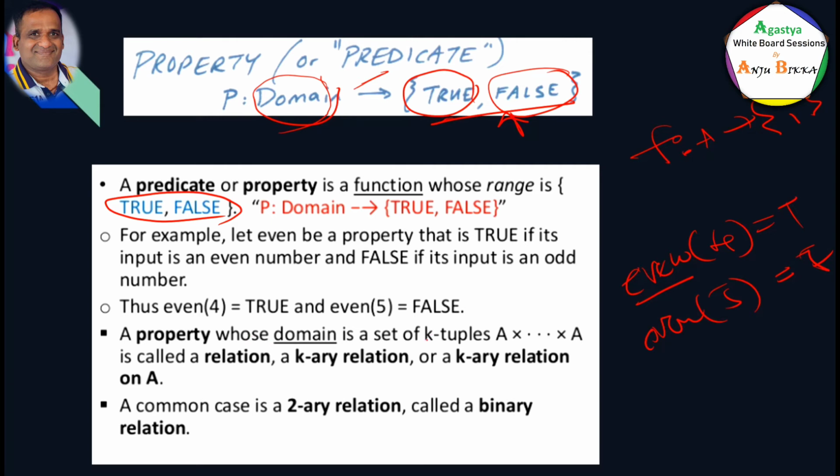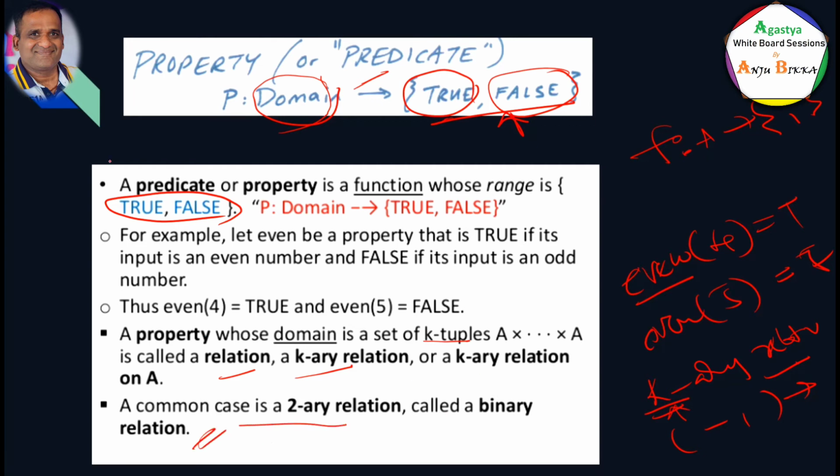A property whose domain is a k-tuple is a relation, a k-ary relation on a set. What is a k-ary relation? A k-ary relation or k-ary property means the domain is k number of inputs, a k-tuple, but the range is either true or false, the same thing. The common case for two is called a binary relation.